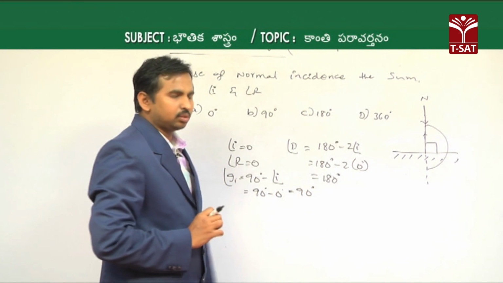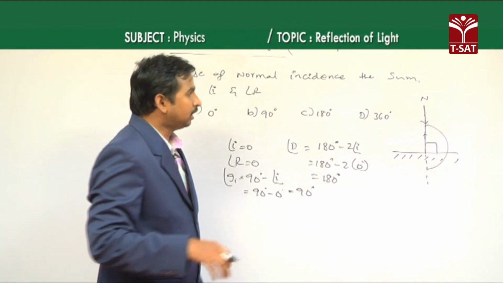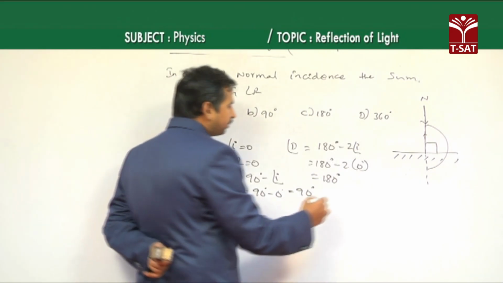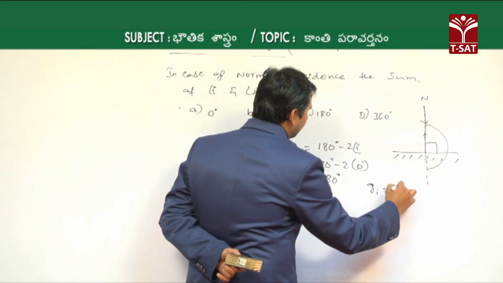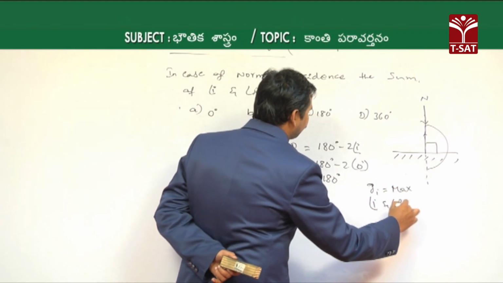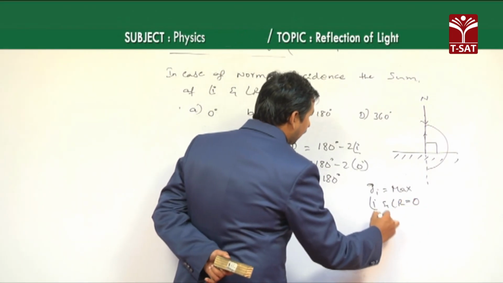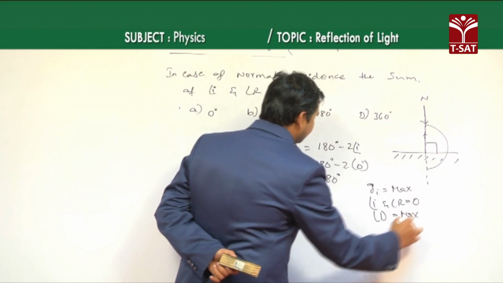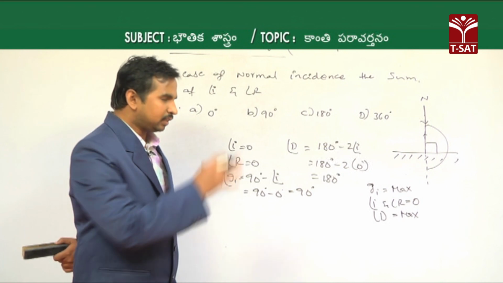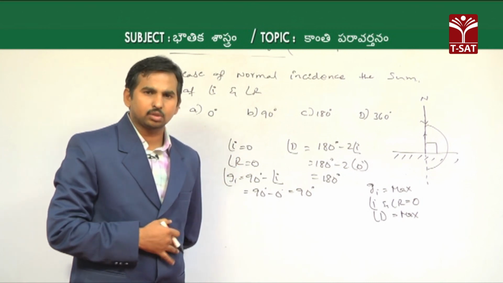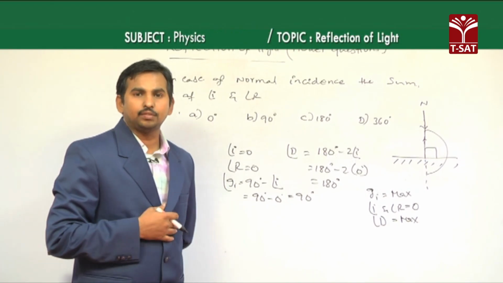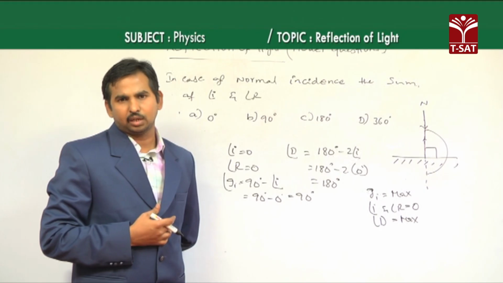So whenever the light ray strikes the mirror normally, that is normal incidence, the glancing angle is maximum, the angle of incidence and angle of reflection are becoming 0, and the angle of deviation is also becoming maximum, which is 180 degrees. Like this, in normal incidence, glancing angle is maximum, incident and reflected angles are 0, whereas the angle of deviation is again maximum.